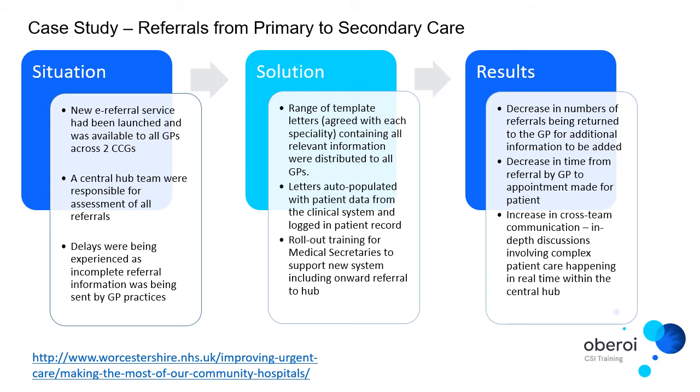Each speciality within the secondary care settings had agreed what letters they wanted and what information they needed, and these were put together by the CCG and distributed to all GPs. The letters were set up to be auto-populated with patient data from the clinical system and also logged in the patient record and coded.